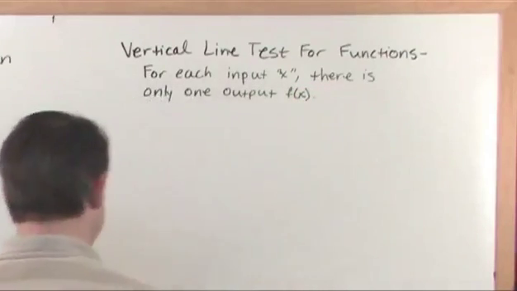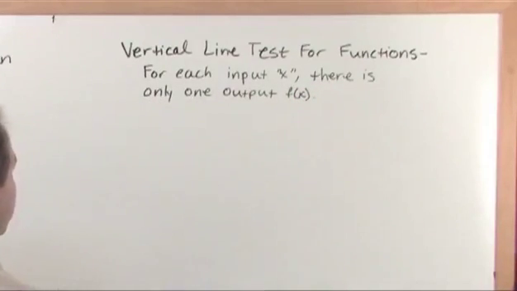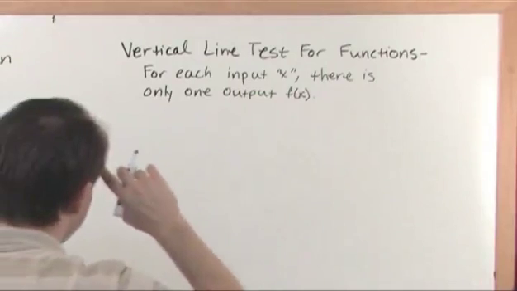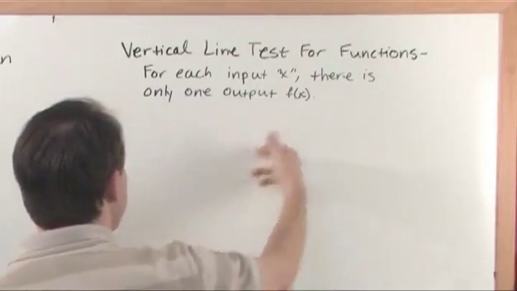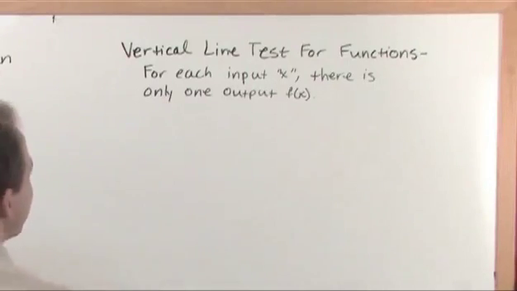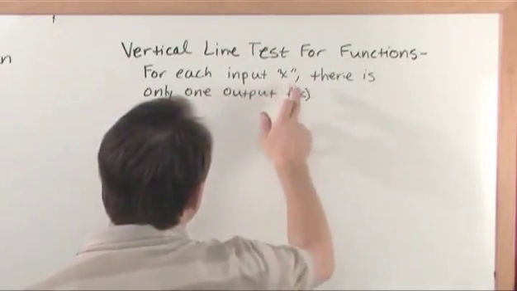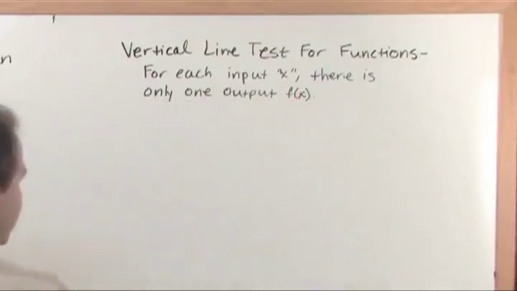Okay, that's what you would say in words. This is the vertical line test. What you would say in words is that this function f of x, you're going to put numbers in and you're going to get numbers out. And what it's saying is, for every number that you put in, there is only one output, f of x. So let me show you what I mean. A picture is worth 1,000 words here.